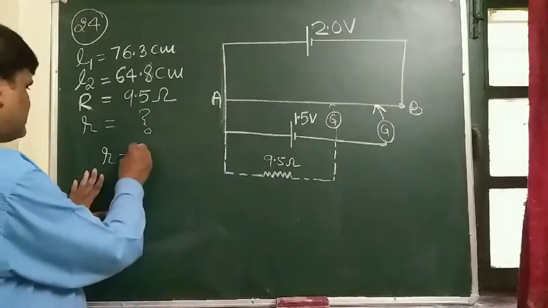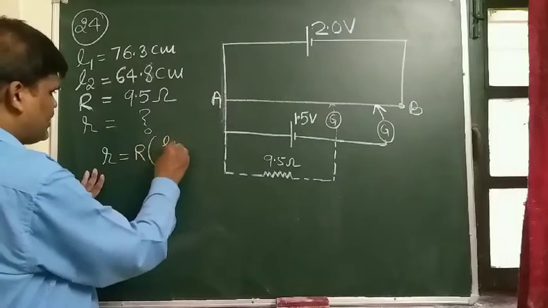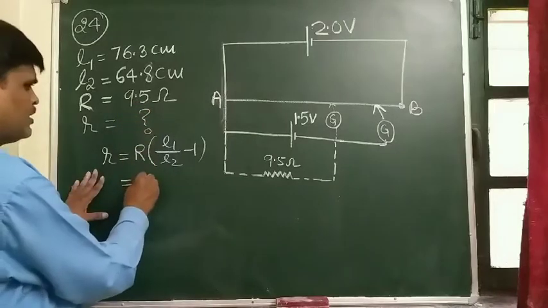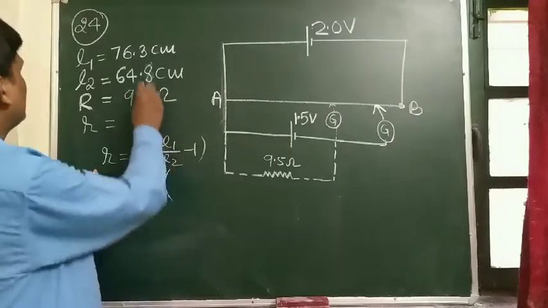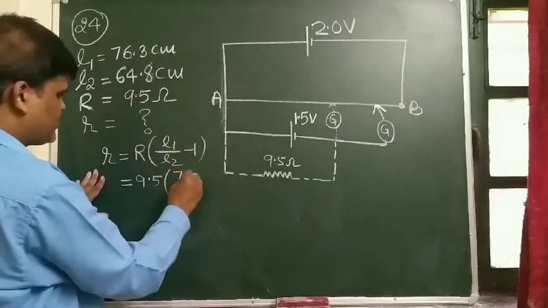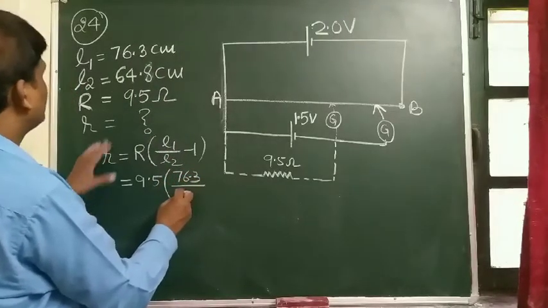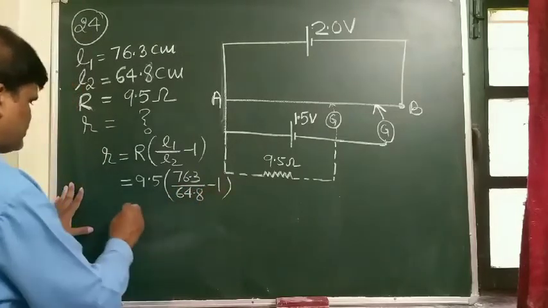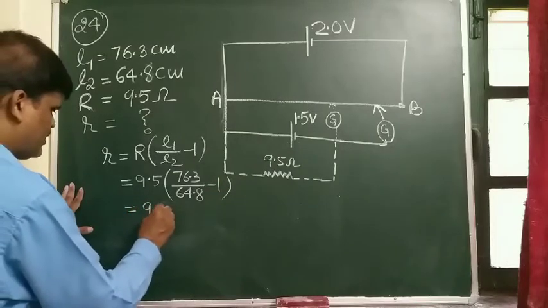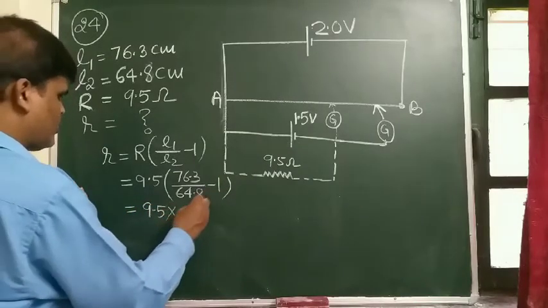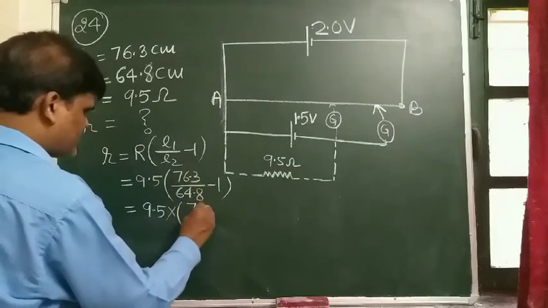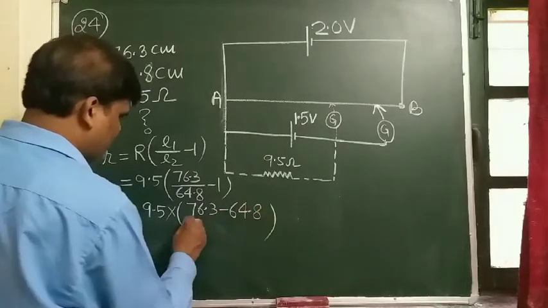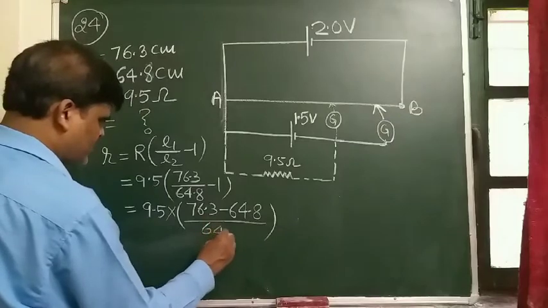You know the formula for the internal resistance of a cell using a potentiometer: small r equals capital R times (L1 by L2 minus 1). Putting the values, 9.5 external resistance, L1 is 76.3 by 64.8 minus 1. So 9.5 into (76.3 minus 64.8) by 64.8.